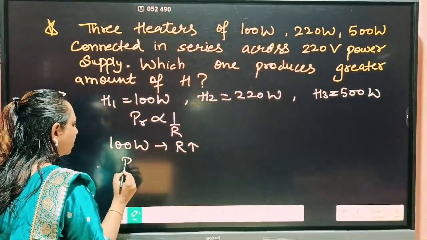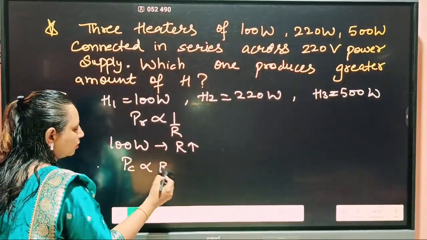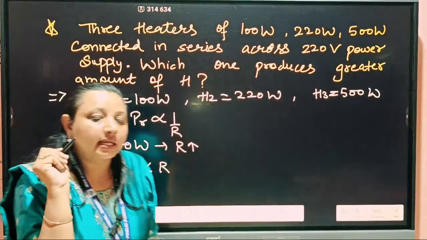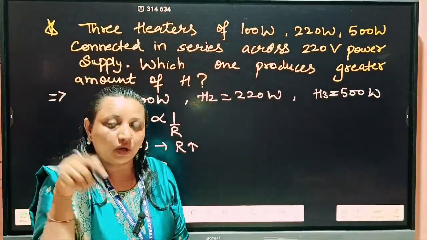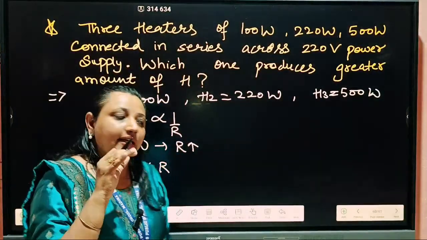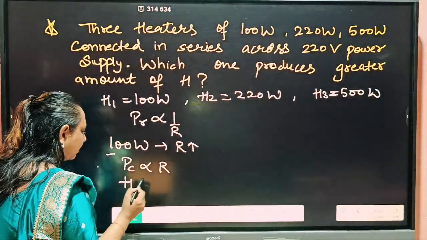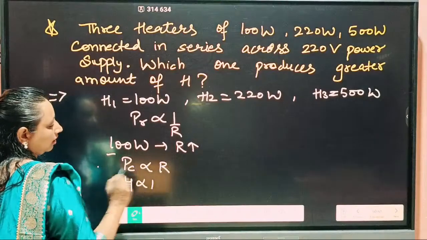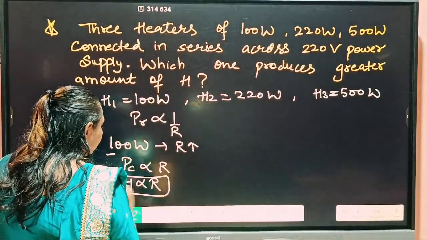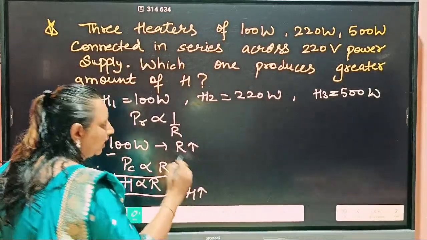So in series combination, power consumed is directly proportional to the R. That means 100 watt heater produces or consumed more power. That means it produces greater amount of heat energy. Heat energy is directly proportional to R, or the power in the series combination, है ना? So it produces the greater amount of heat energy.